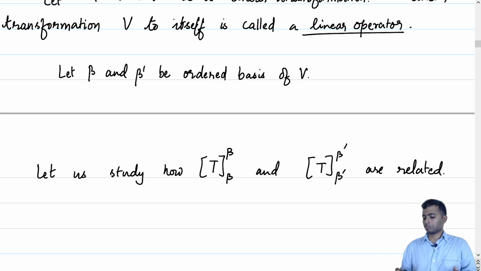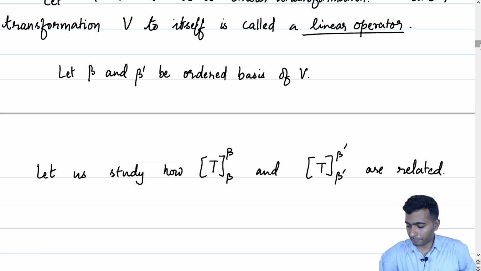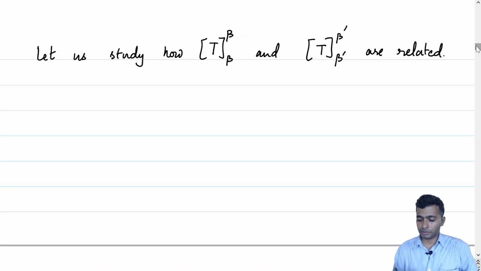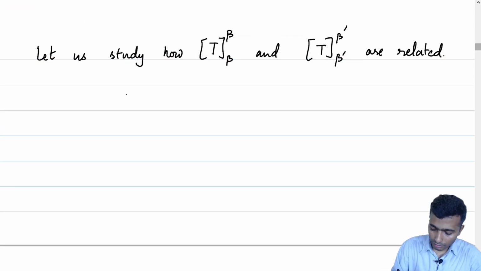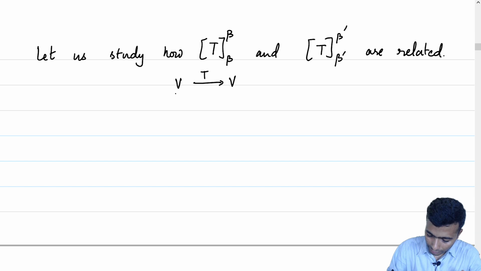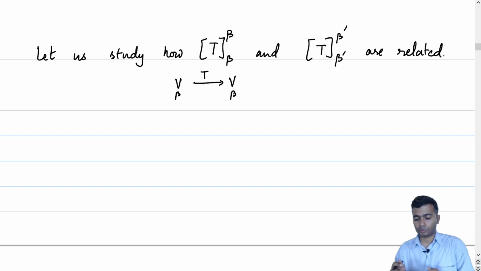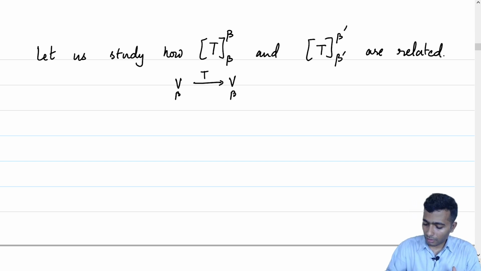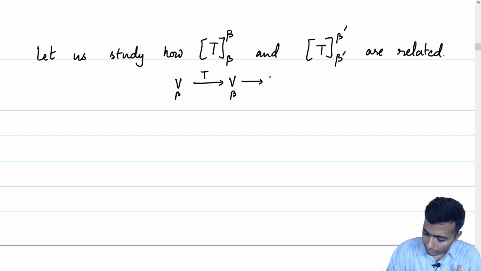So, the idea is almost the same. What we will do is we will consider the following. Let us consider T as a map from V to itself. Again, this is with respect to the basis beta, and this is with respect to the basis beta. That is what will give you T beta beta. And then let us consider the linear transformation identity.